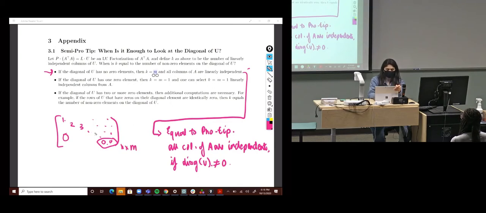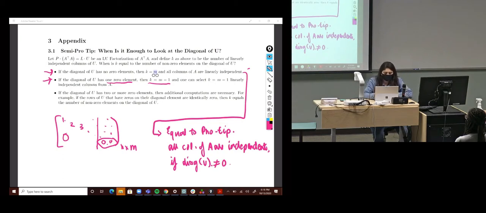If I were to count the number of linearly independent columns in this case, I would see 1, 0, and there are no other problems. Everything else is fine. I can use this rule, which says if there's one 0 element, K is M minus 1. So everything other than this column is linearly independent.